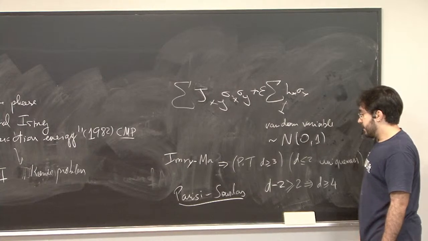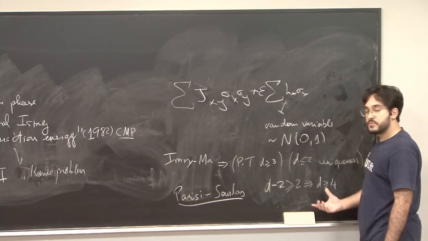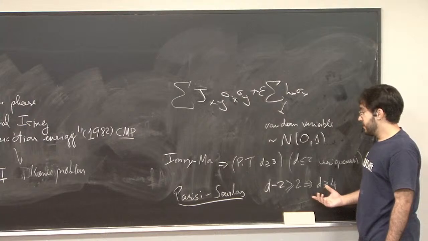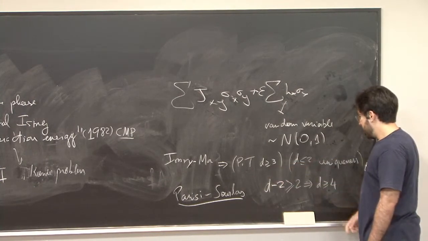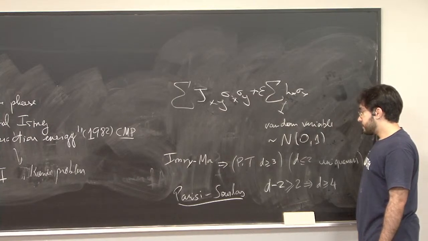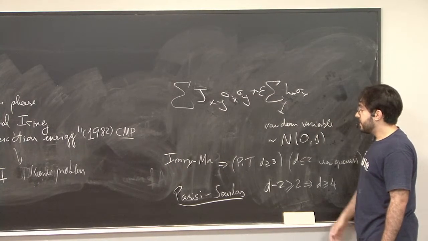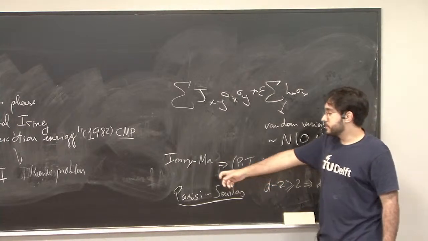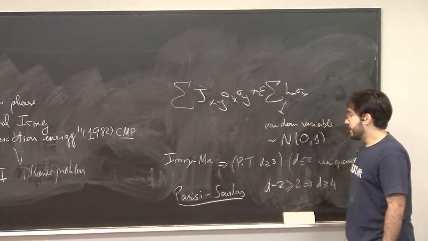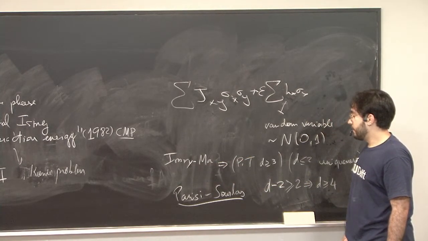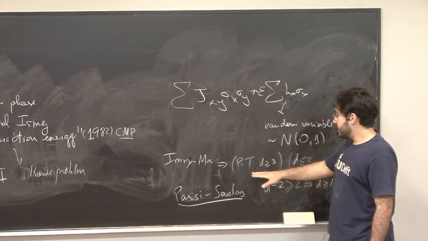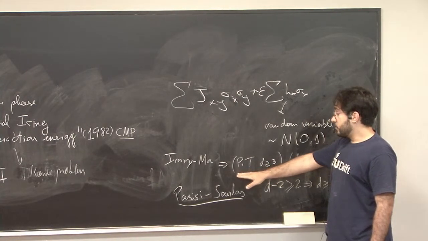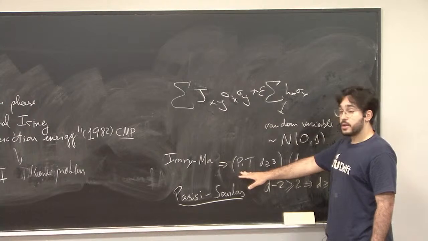And then there were a lot of discussions on this problem, because you see that these are very different predictions. What happens is that in Imry and Ma, in order to give their argument, they used something that we call the isoperimetric inequality.